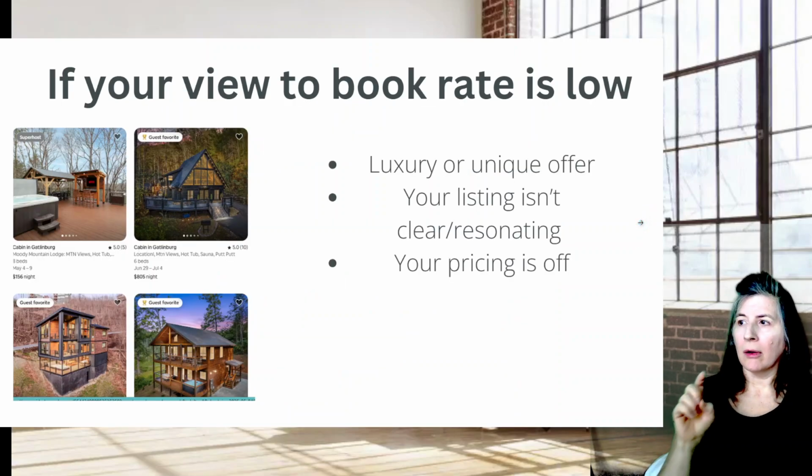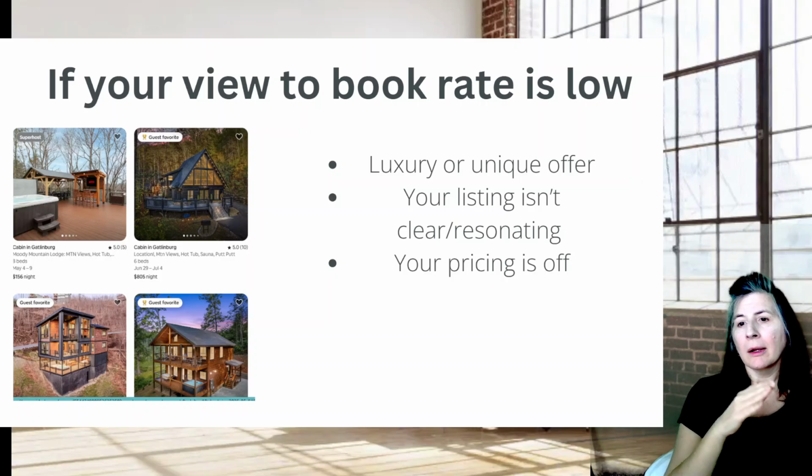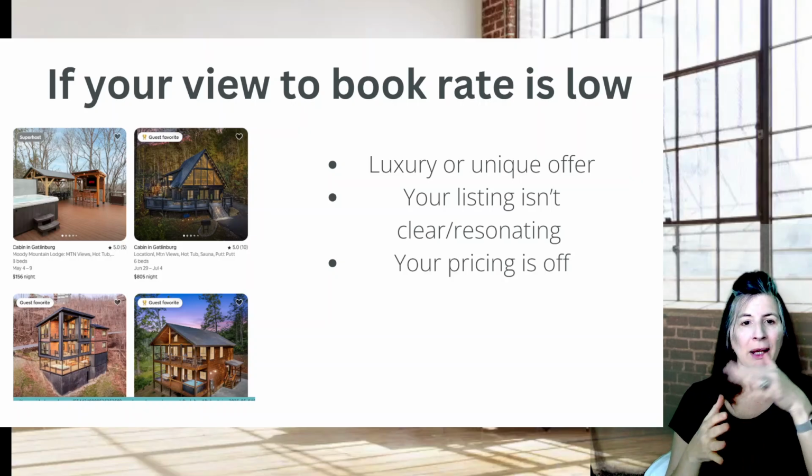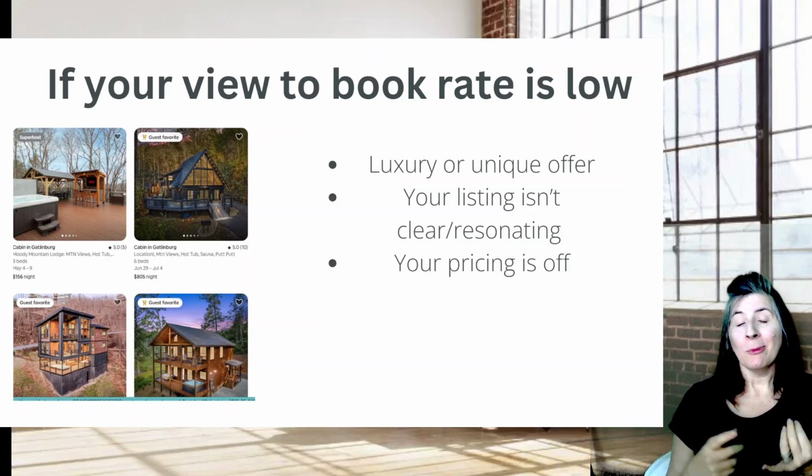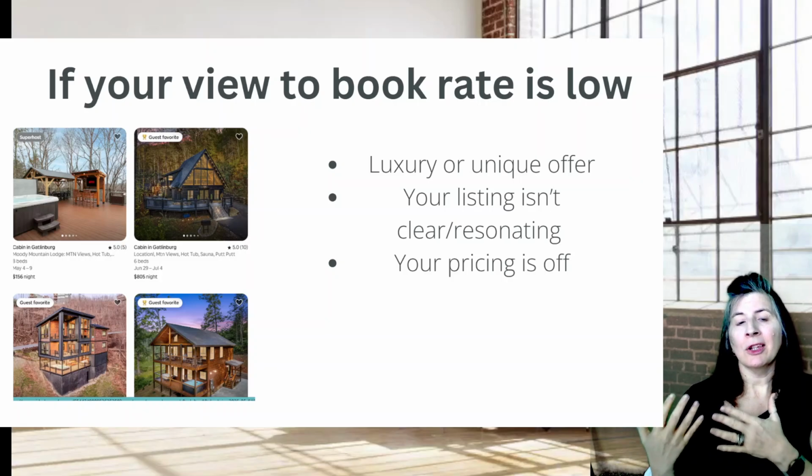And if you have a low conversion rate, so you get tons and tons of clicks, but you have a low booking rate, you may be a luxury offer, or you have a really unique offer, and you're getting a lot of clicks because it's a unique offer.